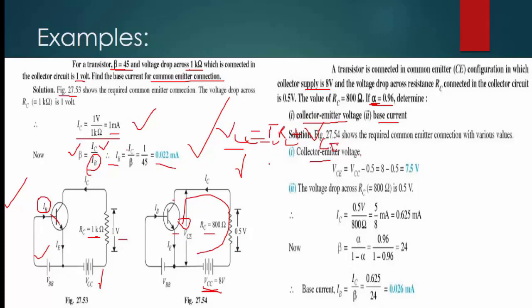So VCE is the supply minus that product. The product IC RL we have been given as 0.5 volts. So we get it simply like that.